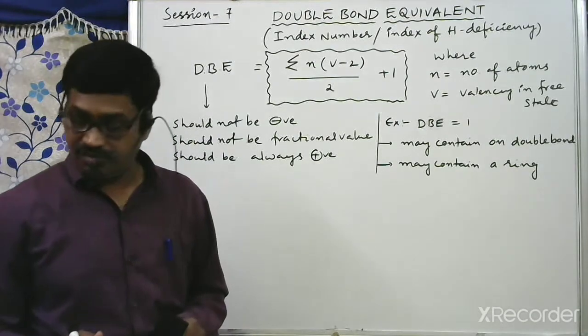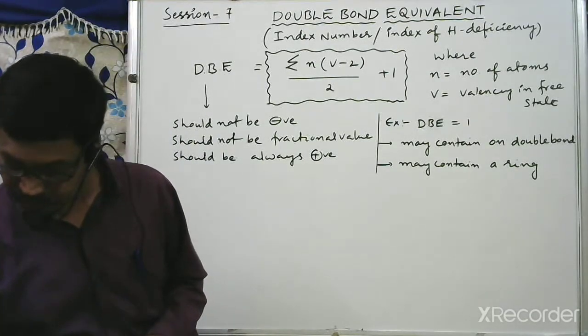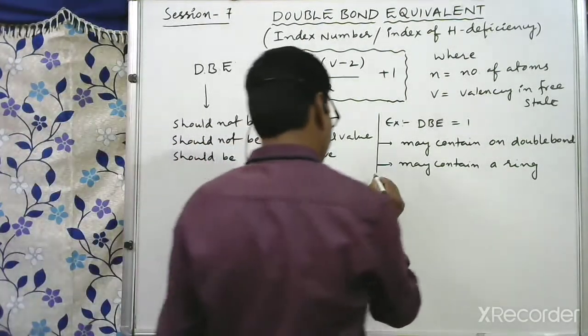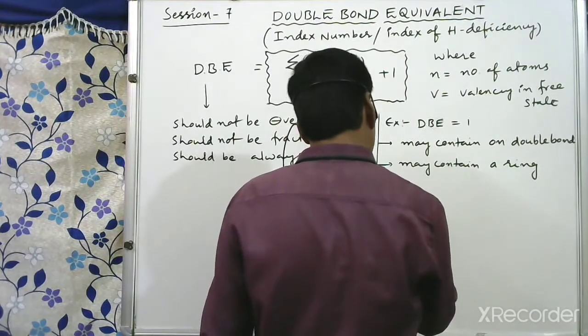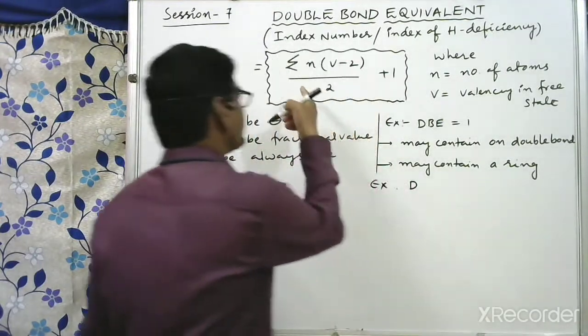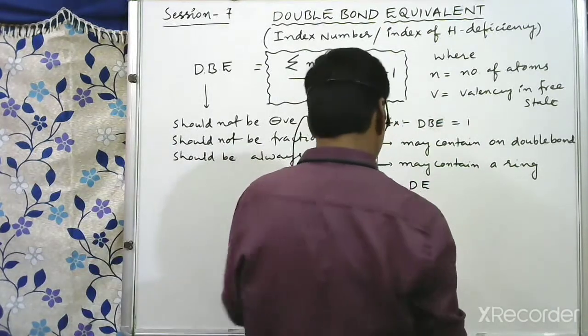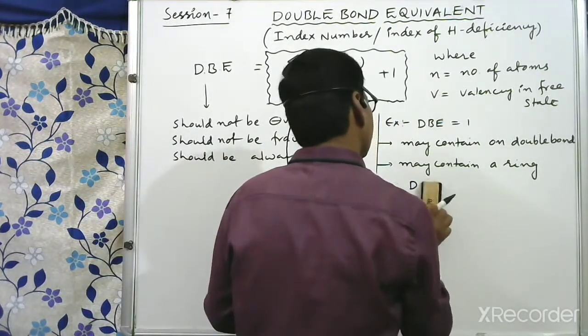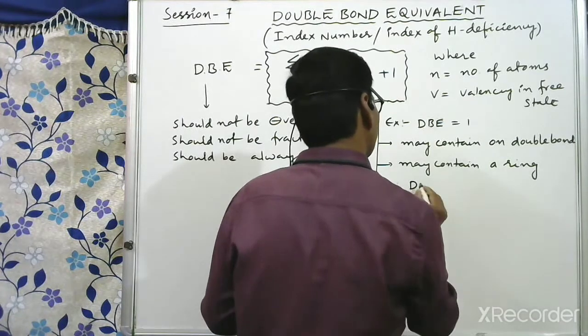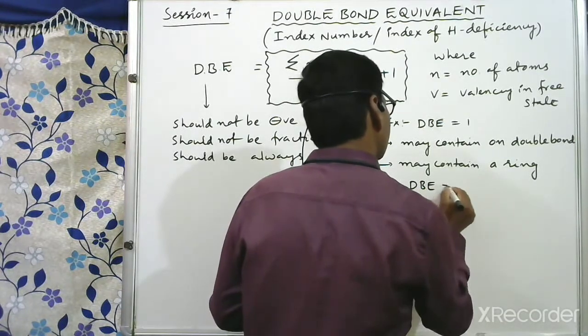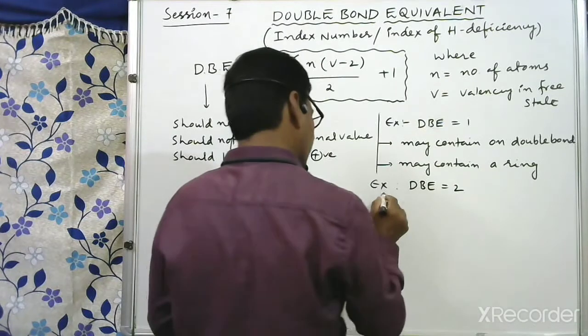If double bond equivalent is equal to 2, for example, after substituting the values here, you got DBE equal to 2. What does it mean?